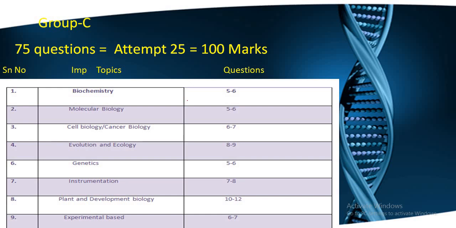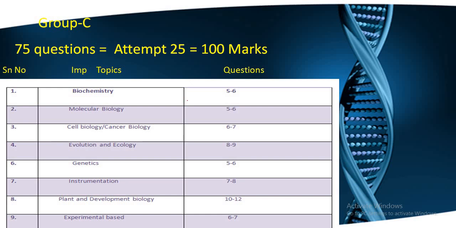So for biochemistry 5 to 6 questions, for molecular biology 5 to 6 questions, for cell biology and cancer biology 6 to 7 questions, for evolution and ecology 8 to 9 questions, for genetics 5 to 6 questions, for instrumentation 7 to 8 questions, and for plant and development biology 10 to 12 questions.